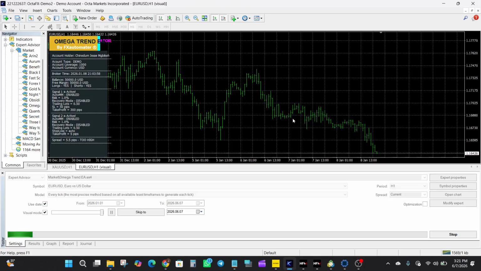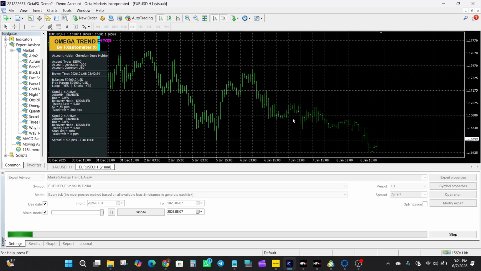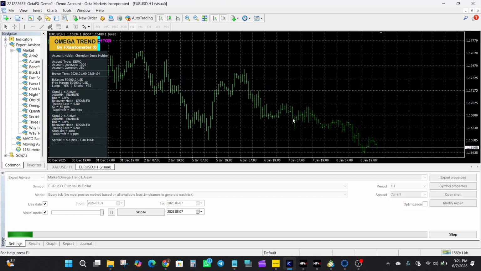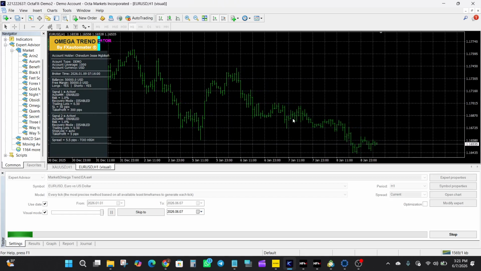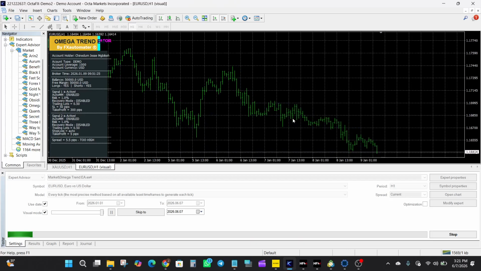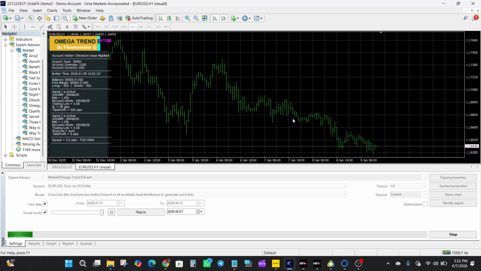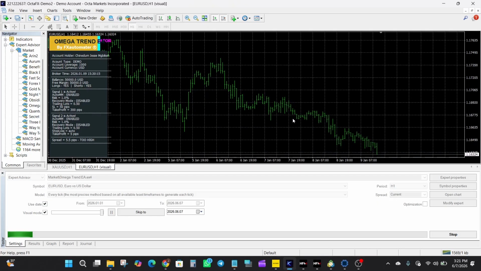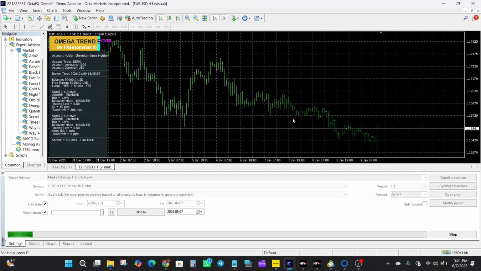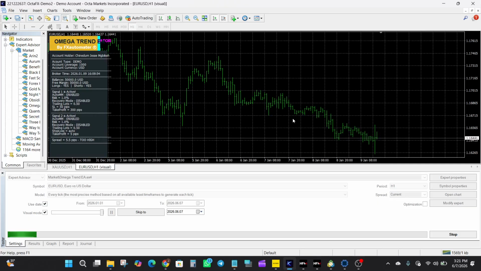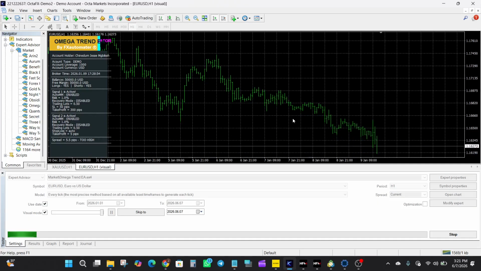Now, as with any historical testing performance, it is important to remember that results are influenced by factors such as risk settings, lot size selection, broker execution quality, spreads, slippage, market conditions, and overall optimization. Historical analysis is useful for evaluation, but it should never be viewed as a guarantee of future performance.